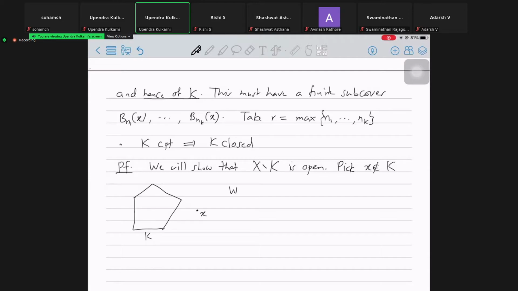So it is enough to construct an open set, and in fact, let us use our terminology, an open neighborhood U_X of X with what property?